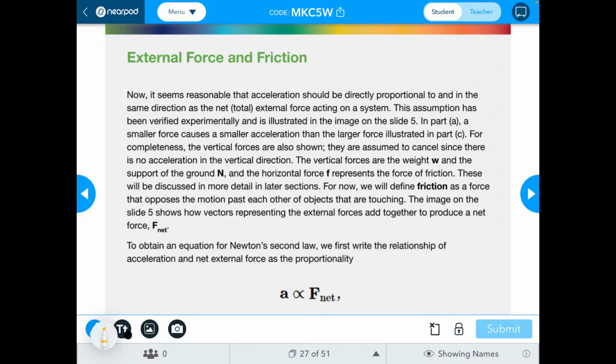F net is the net force. I do use a small, almost cursive f for friction, so that it distinguishes itself as well. They just use a lowercase f, but here we go. We will define friction here. Now we'll define it again later on too, but it is the force that opposes the motion of objects past each other that are touching.